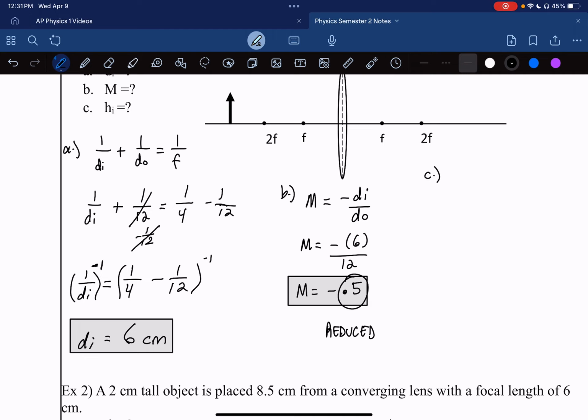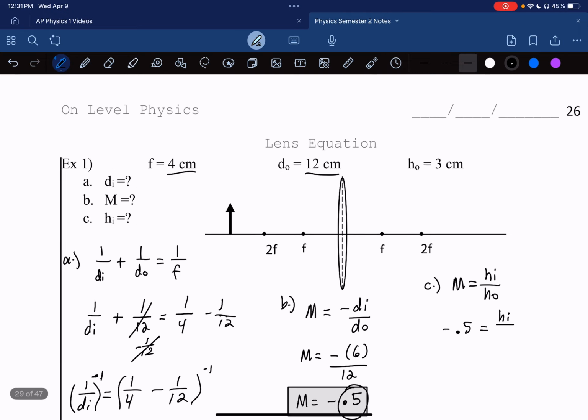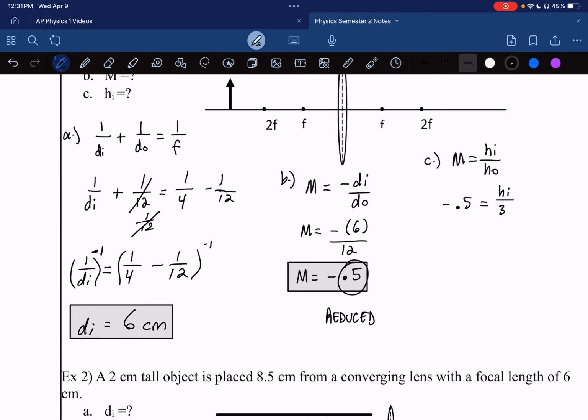We'll now find the height of the image. How tall will the image be? We'll say m equals hi over ho. We'll plug in negative 0.5. We don't know hi, we'll plug in ho, which was given up here as 3 centimeters. And to solve this, we'll multiply both sides by 3.